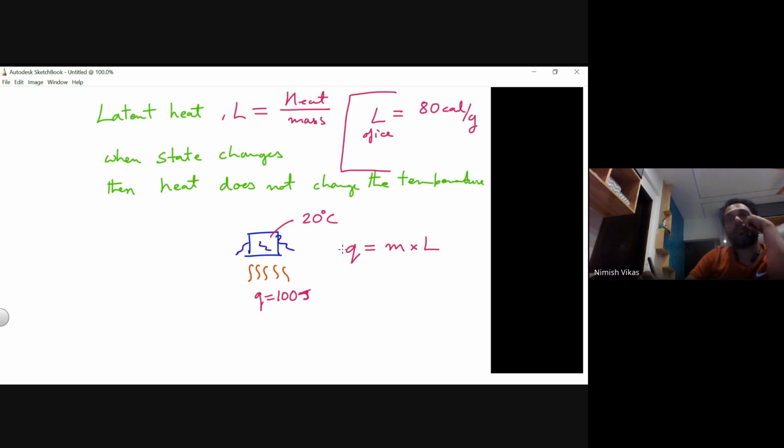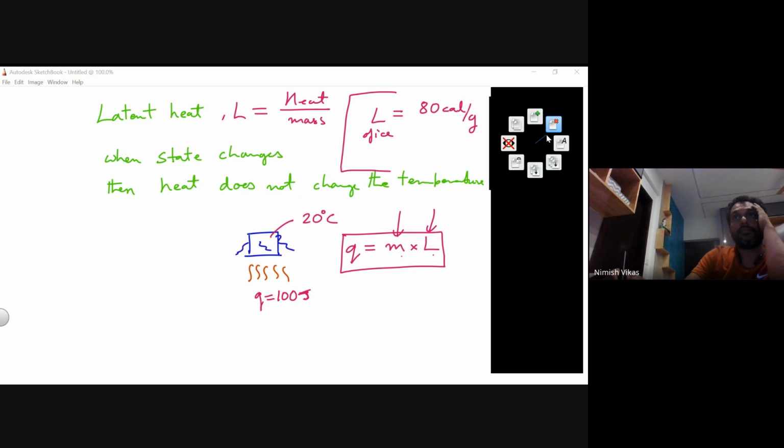So the formula to change the state, the heat required will be M into L. 1 gram requires 80 calories, 10 grams will require 10 times 80 calories. So that is this formula. Is that clear? Okay, shall we start doing a question on this first?